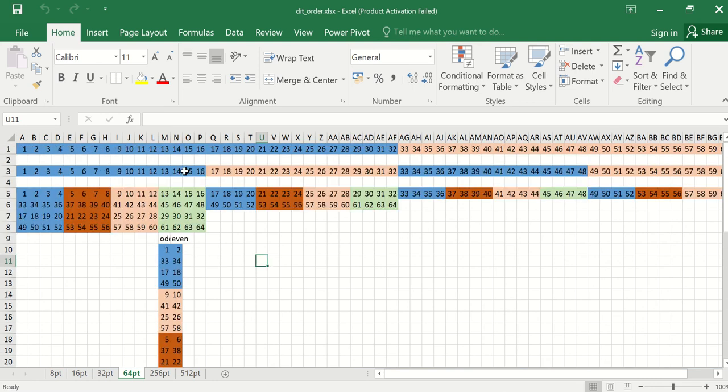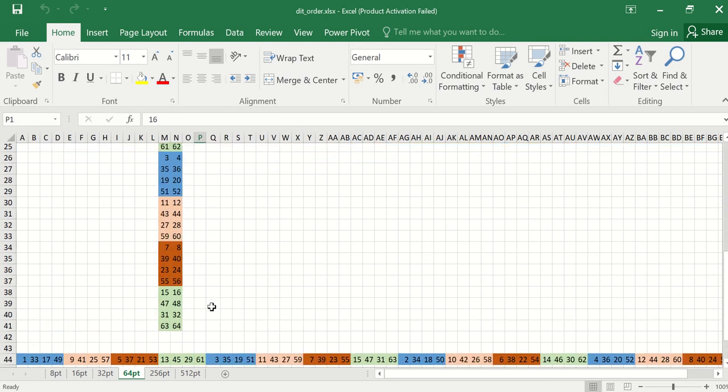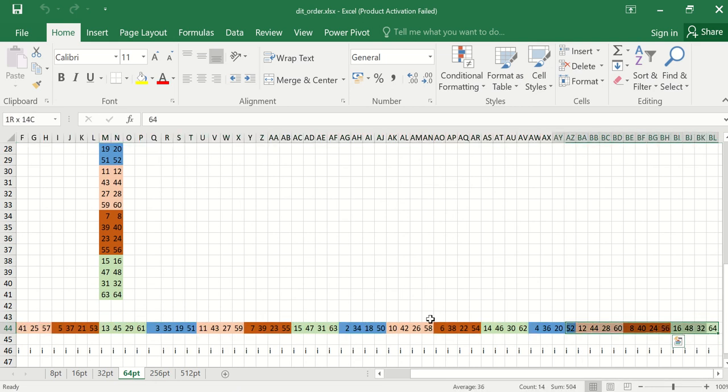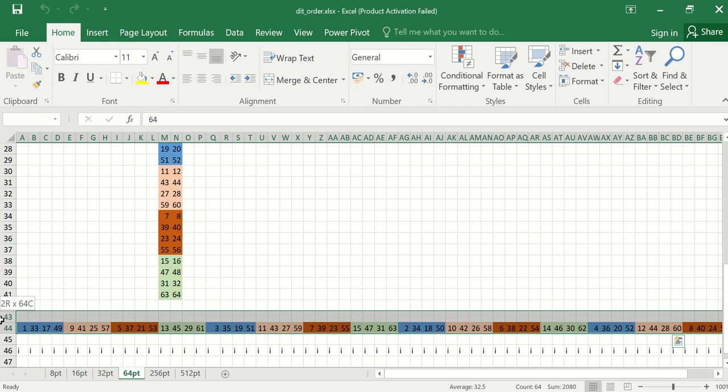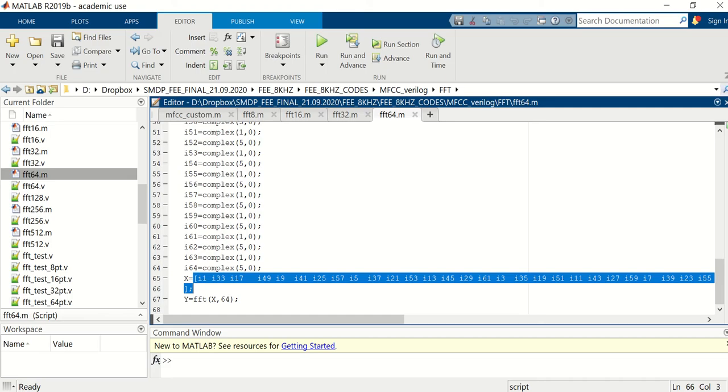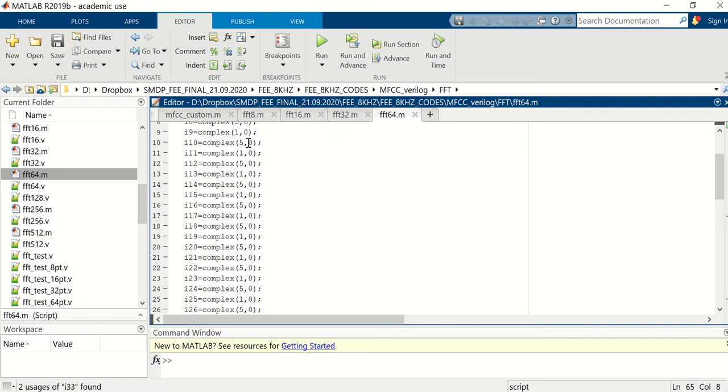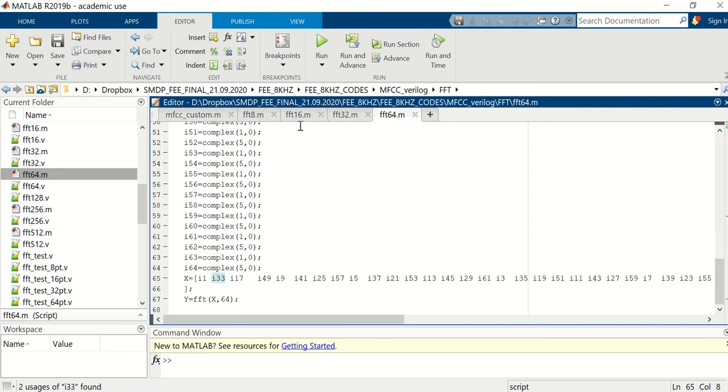So I've taken the even half and odd half, divided it, and again this even half is divided, and the odd half is divided again, and so on and so forth. So finally we get this order for the decimation in time input samples, and that same order is considered over here, with the same input samples that are taken for the Verilog test bench.